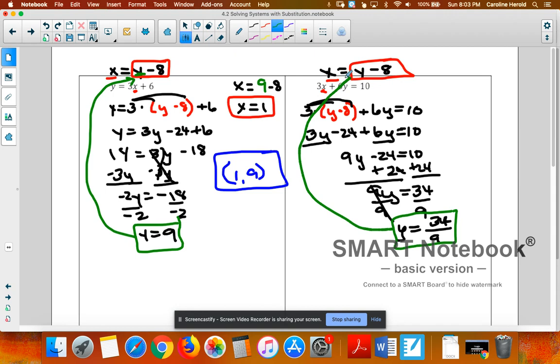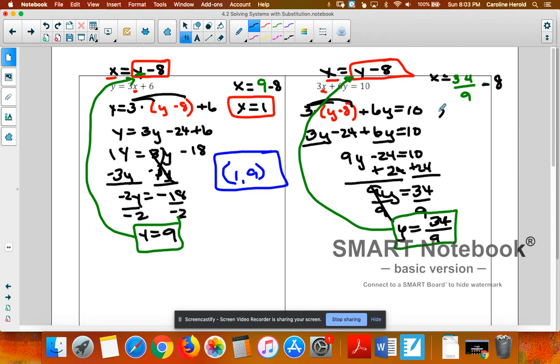I'm going to go back up here. I'm going to plug that in. And x is going to equal 34 ninths minus 8, right?